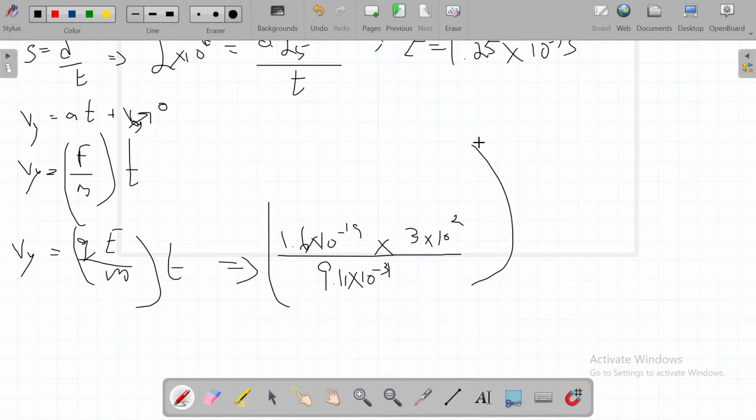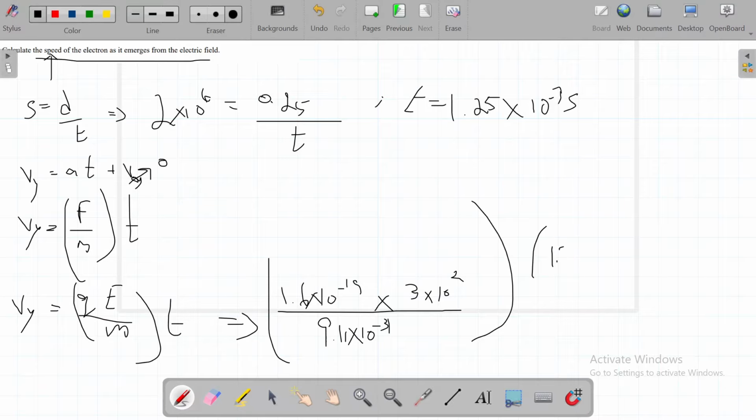All of it into the time we found, which is 1.25 times 10 to the minus 7. Okay, I'm just gonna plug it on my calculator here. So 1.6 times 10 to the minus 19 times 3 times 10 to the power of 2 times 1.25 times 10 to the minus 7 over 9.11 times 10 to the minus 31.